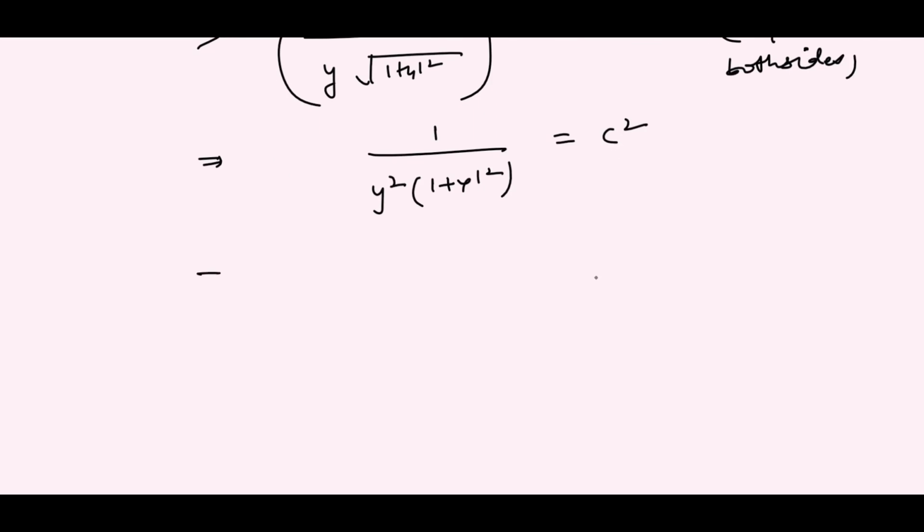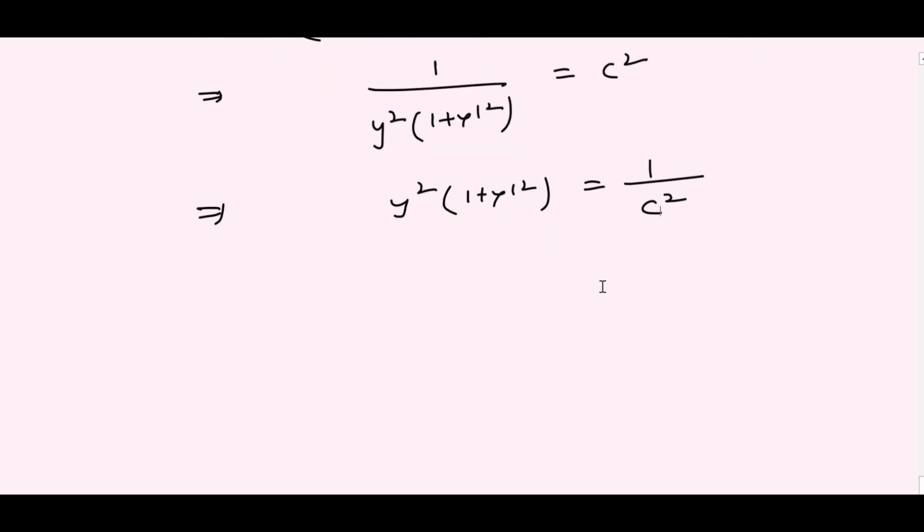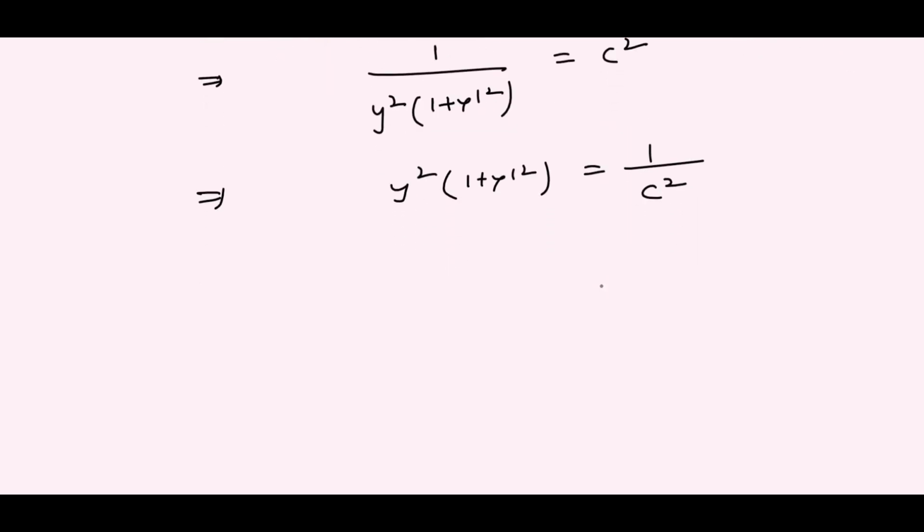So taking the reciprocal on both sides, that is y square multiplied to 1 plus y dash whole square is equal to 1 upon c square. So that is 1 plus y dash whole square is equal to 1 upon y square c square.